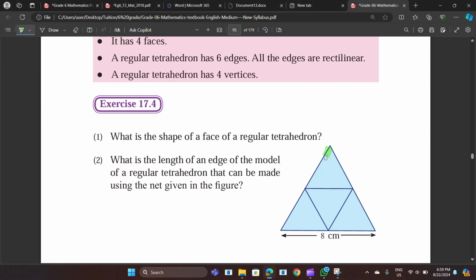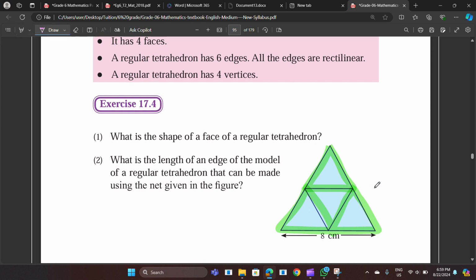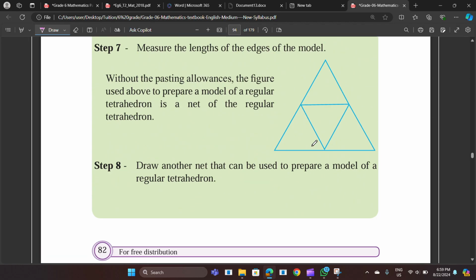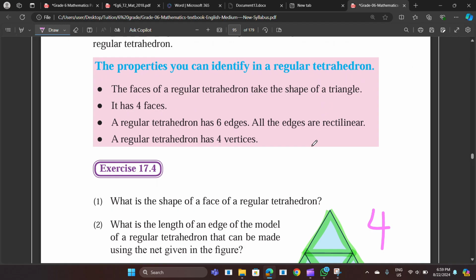This triangle is the same as this and this and also this. They are all equal. So what is the number of triangles? 4. There are 4 triangles connected like this. This is called a regular tetrahedron.